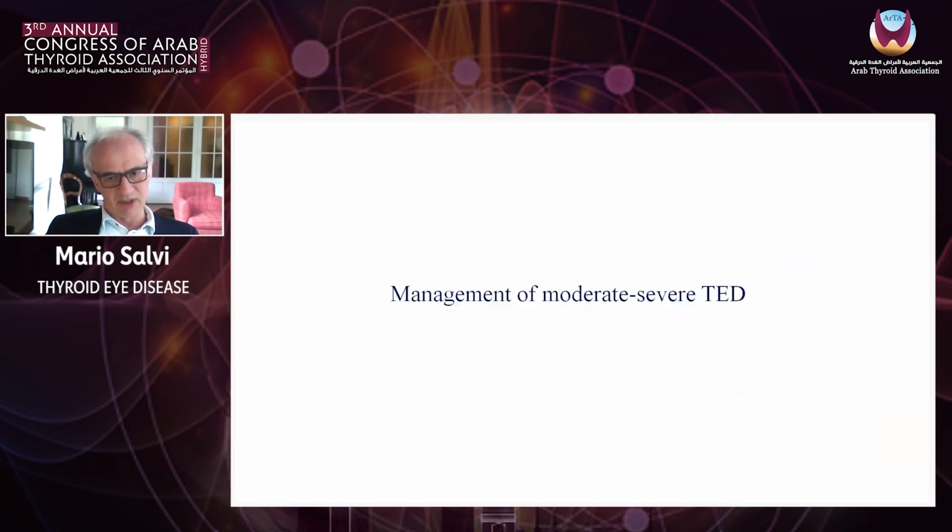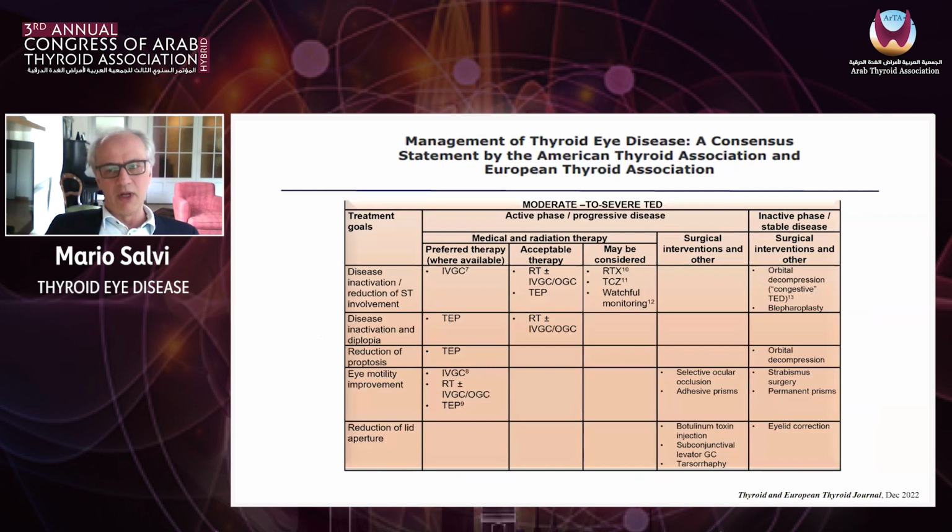Management of moderate to severe disease is somehow more complex. In fact, the approach of the task force in this document was to really try to propose treatment that targets the various aspects of disease, as I explained before. One thing is to approach the inflammation of disease, or disease inactivation.